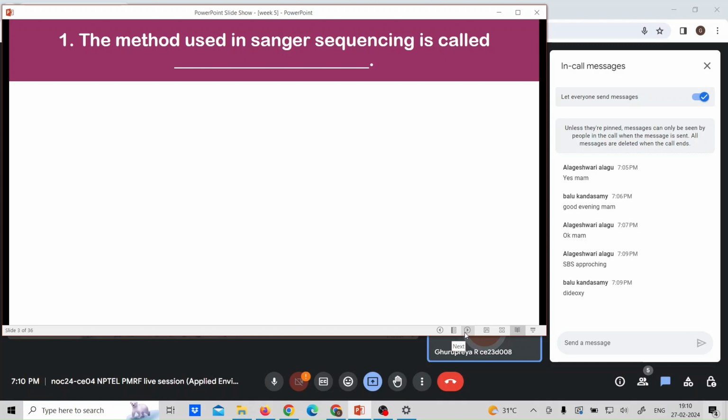That's okay. We have many more questions to solve. Now, let me tell the answer for this. It is known as the chain termination method because the binding of this dideoxynucleotide will terminate the chain. We cannot add any more nucleotides to that chain. So that is known as the chain termination method.